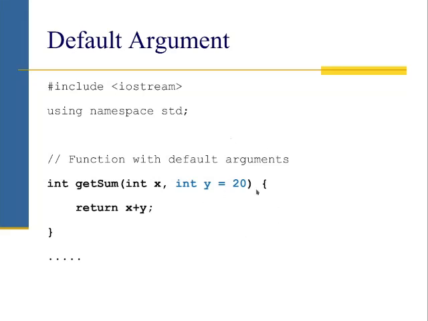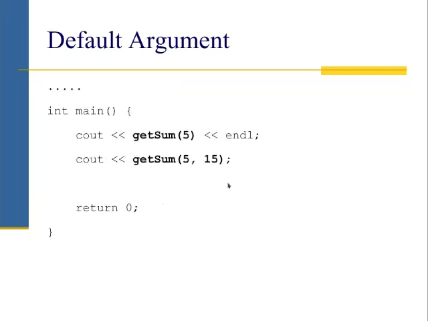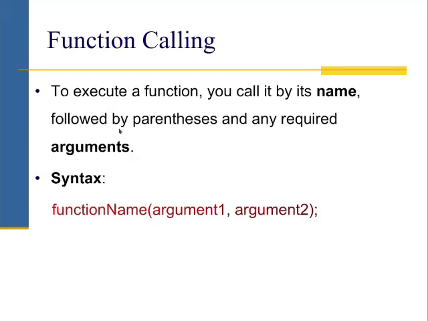Anywhere you call the function, you give it this, and we are supposed to return the summation of x and the value of y. So just like this, basically holding the default argument.